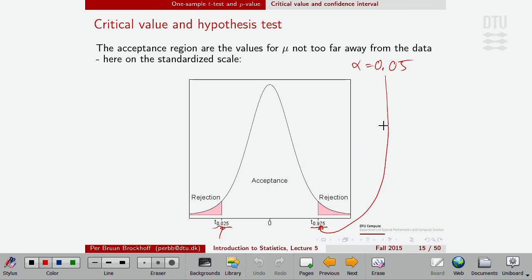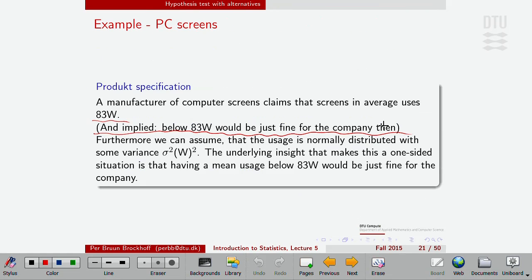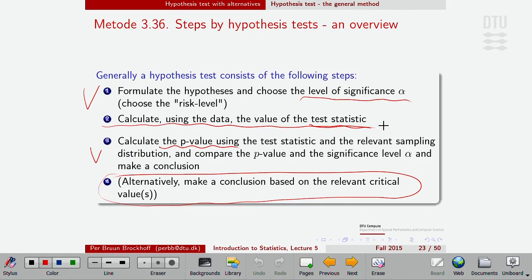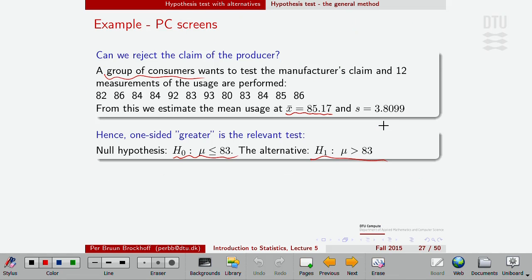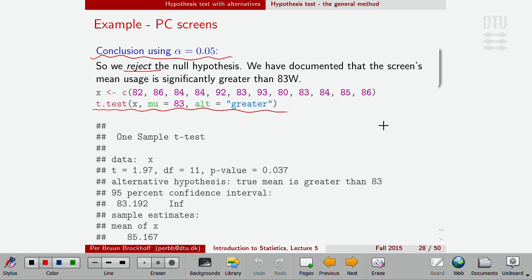That wouldn't cover all our situations. So I'm running back to my example here, where my way to use it would be to say, hey, don't test the 0, but test the 83. And hey, don't test it two-sided, but test it with one-sided alternative greater. The other version is called less. I use those words in my method boxes also to make the link explicit to the R options here.